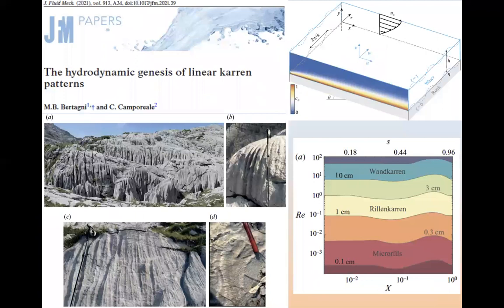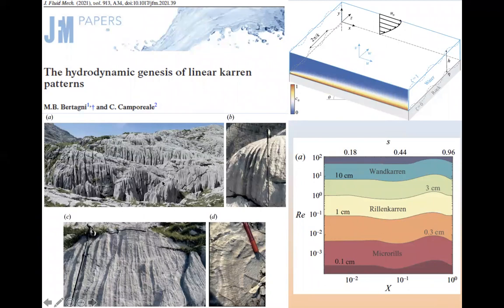This is a recent paper, which is a sort of a progress on the same line, but this is more related to linear current, which are dissolutional patterns which form not at inverted condition, but in normal condition.